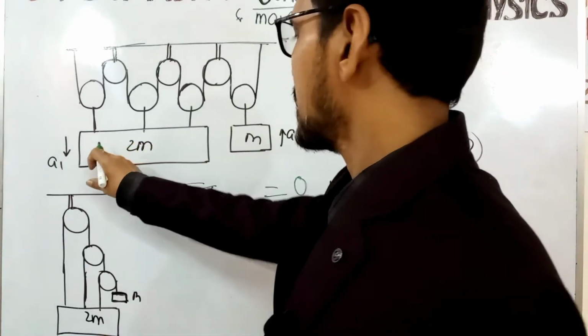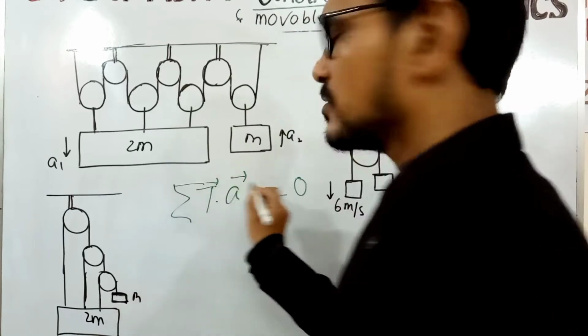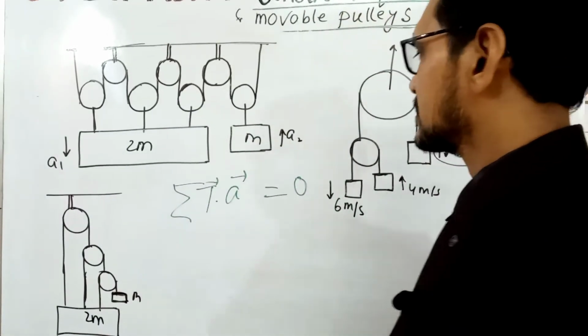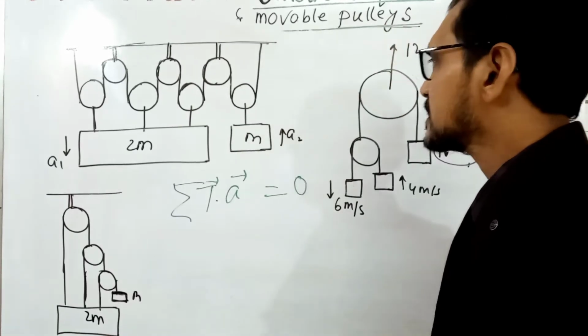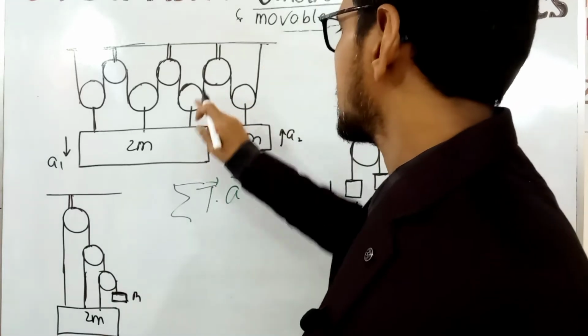Here we have to find the acceleration, so we apply T dot A equals 0.